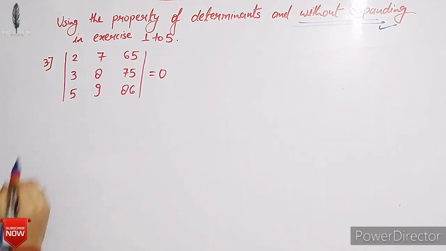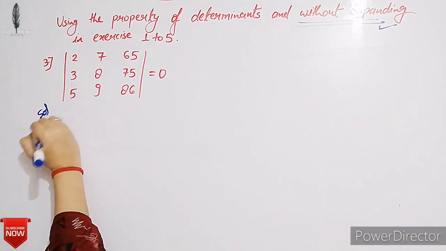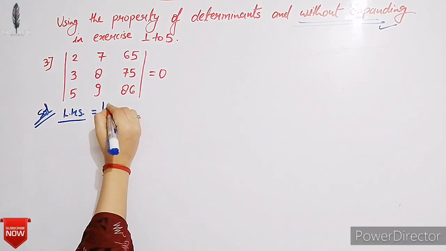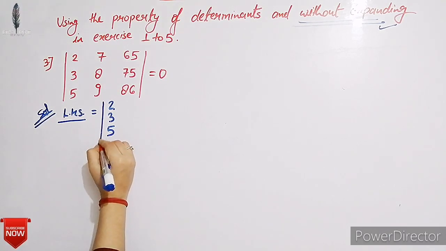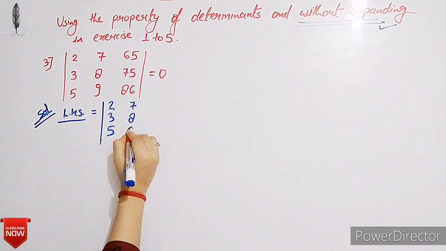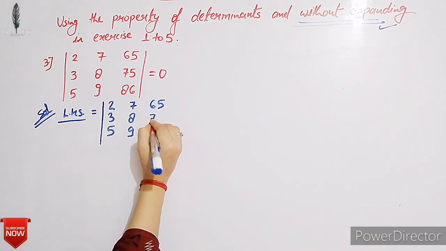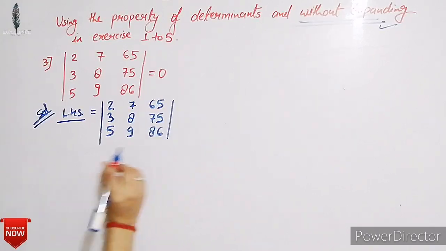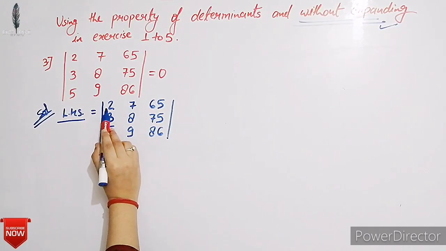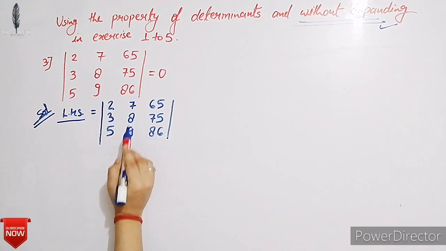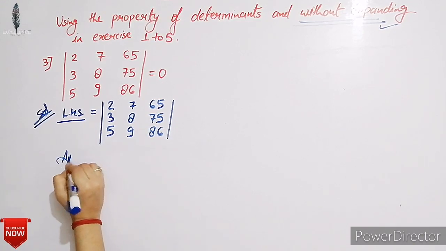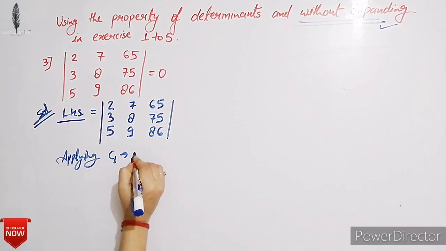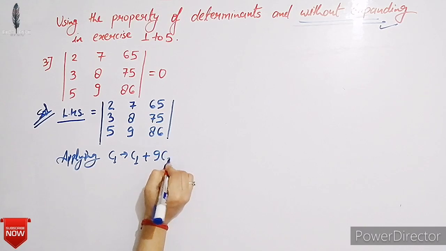Question number 3. Let's solve it. Here LHS part is equal to 2, 3, 5, 7, 8, 9, 65, 75, 86. Clearly here we have 7 nines are 63 plus 2 is 65, 8 nines are 72 plus 3 is 75, 9 nines are 81 plus 5 is 86. So applying the change, C1 becomes C1 plus 9C2.